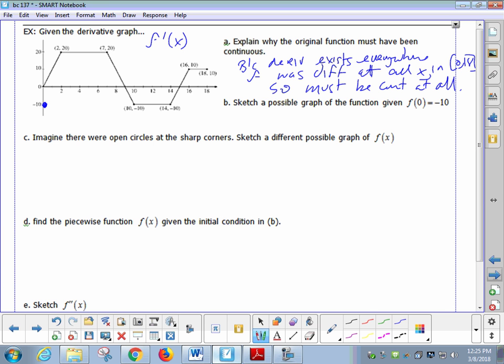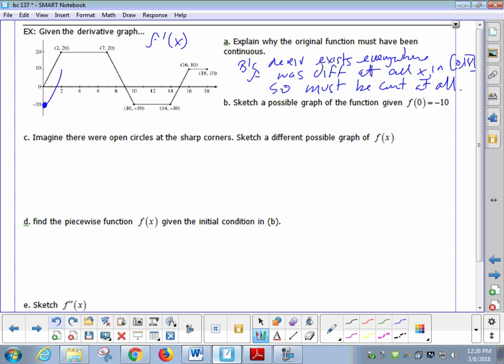What's the antiderivative of a linear? 10x. It should be parabolic here. It should be parabolic like this. How high? I don't know. All right, so parabolic up to 2.